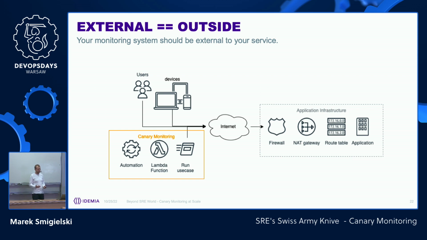Something will break, and you don't know what will break, because otherwise you would fix it ahead of time. That's, at least, my way of working. So you need to be outside, and if you are in the cloud, pick another region, that's the simplest. If you are on-prem, maybe go to the cloud, or the other way around, and find someone who will do that for you.